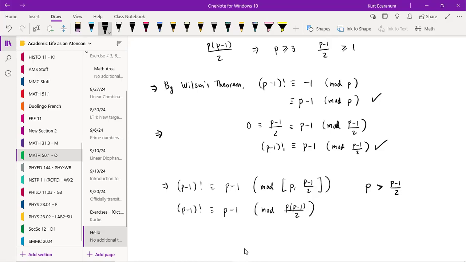So p is relatively prime to (p minus 1) over 2 due to the definition that we set to p. And so, ang GCD niya will always be 1. And so, that's also the reason we can multiply both the numbers. Gets? Okay.